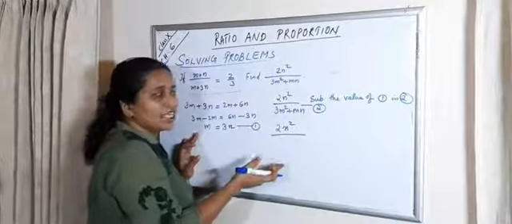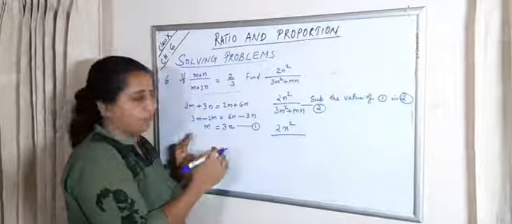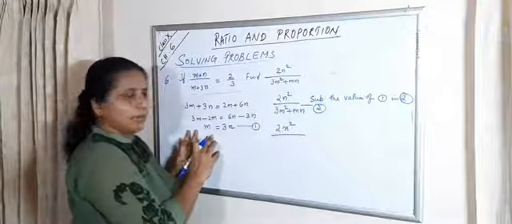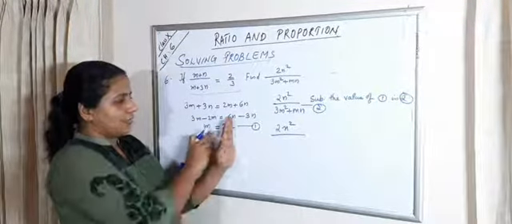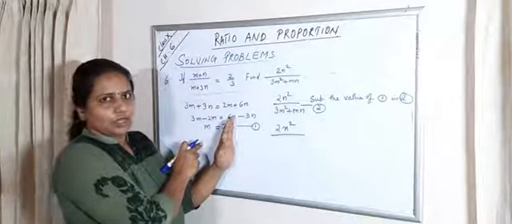Here I am taking m is equal to 3n. In the case of n is equal to m by 3, that way also you can do.